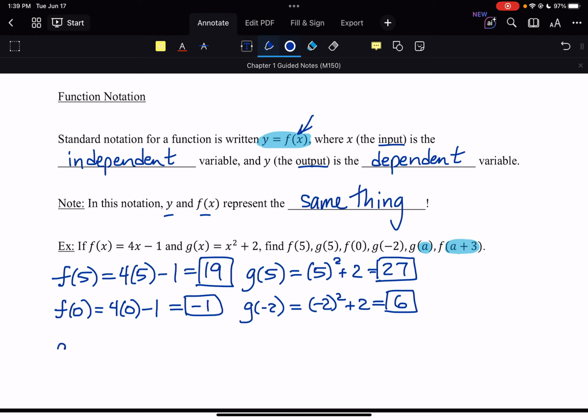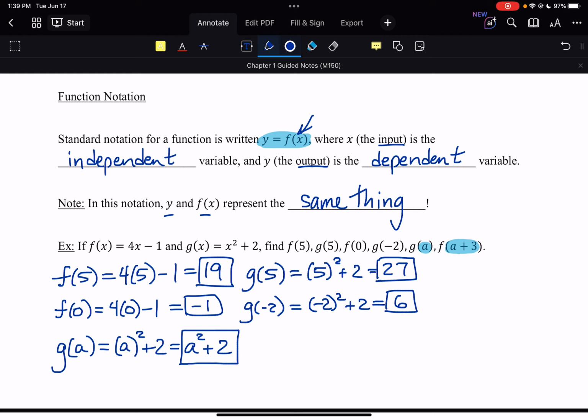So for g of a, we're taking g of x, but instead of x, we're putting in a. So that's going to be a squared plus 2, and I'll just drop the parentheses. There's nothing more that we need to do with that. This is the formula now with a in place of x. And again, a could represent any number, or any other formula.